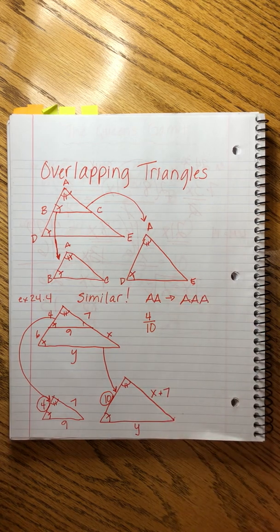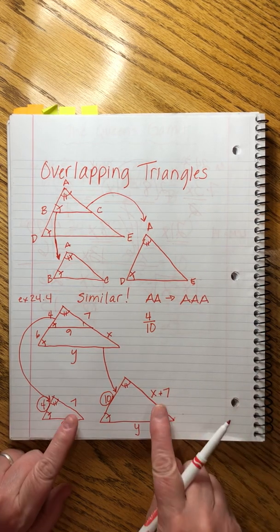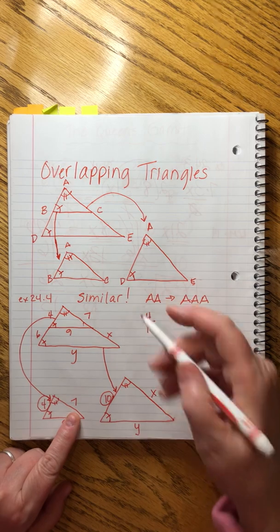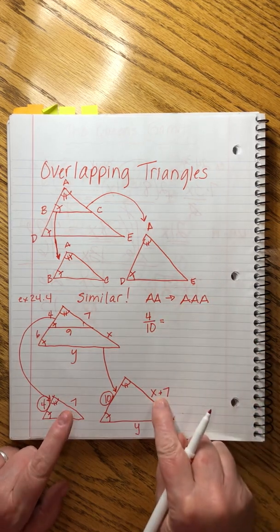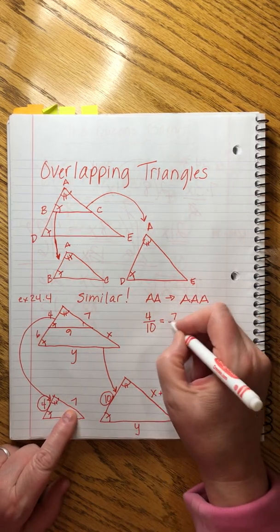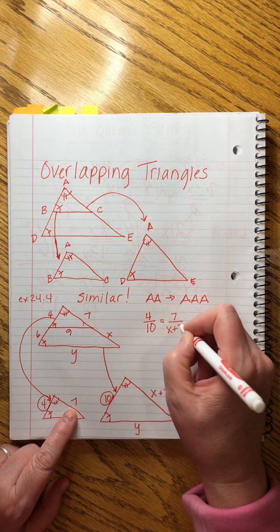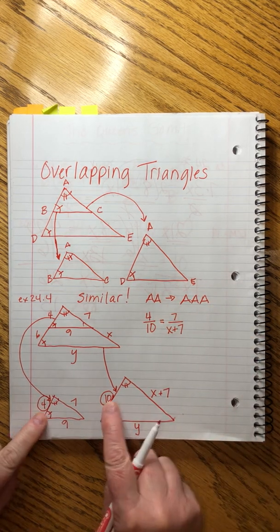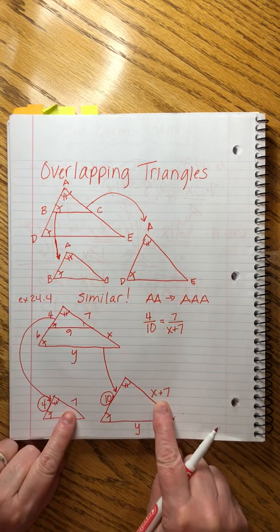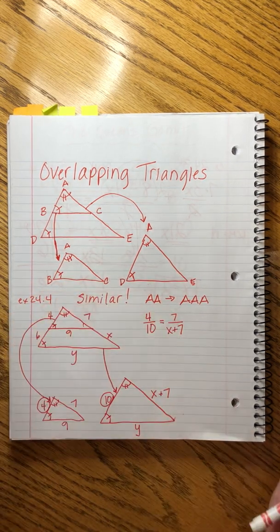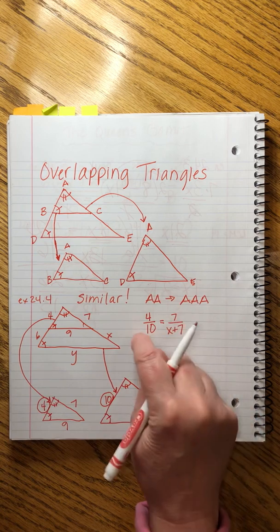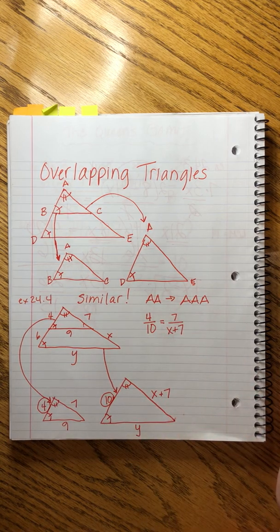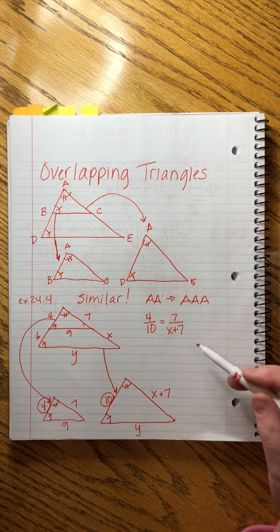Now let's solve for x first. Let's live dangerously. X relates to this side, so it's going to be 7 over x plus 7. Okay? Anchor proportion, and then side that has the x in it. Make sense? Little triangle, big triangle. All right. Are you intimidated by that? Don't be.